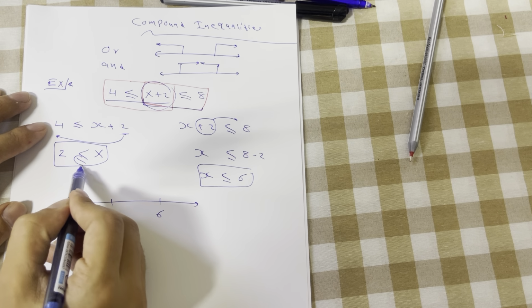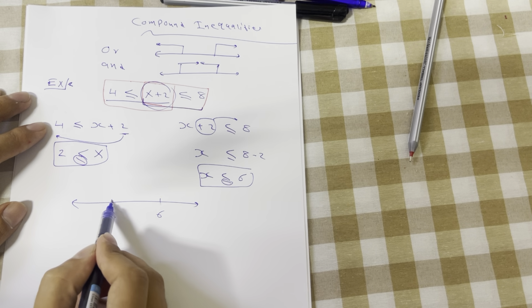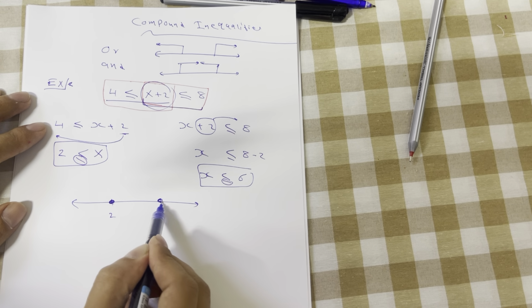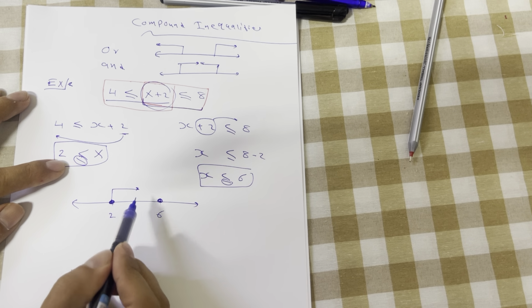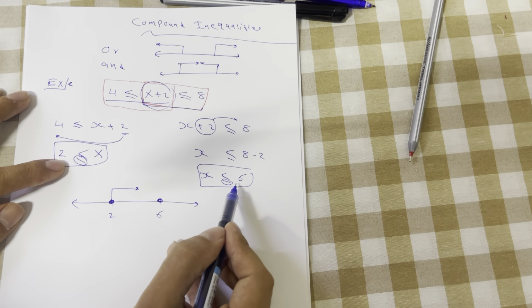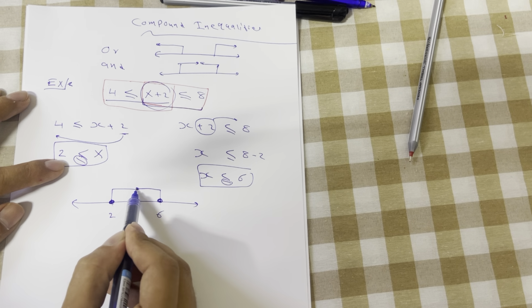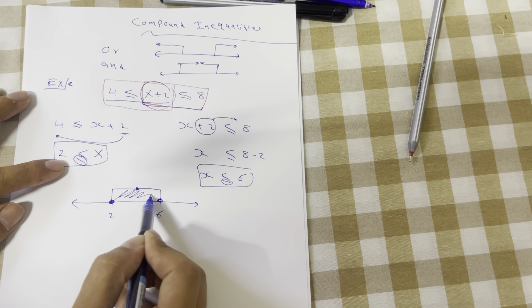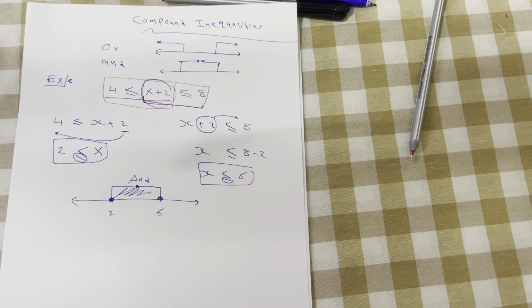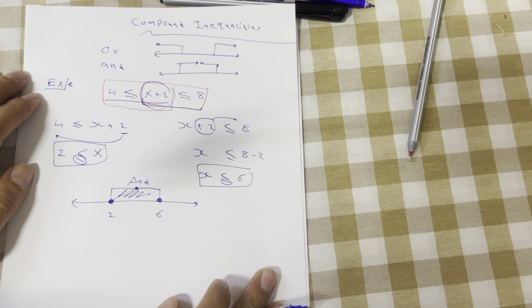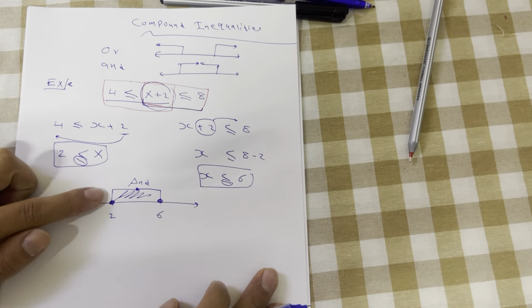We have an equal sign, so I bold the point. x greater than or equal to 2 means I go this way, and x less than 6 goes like that. So this is "and". Why? Because the directions intersect each other.